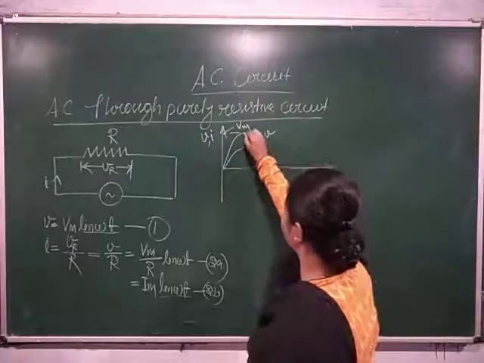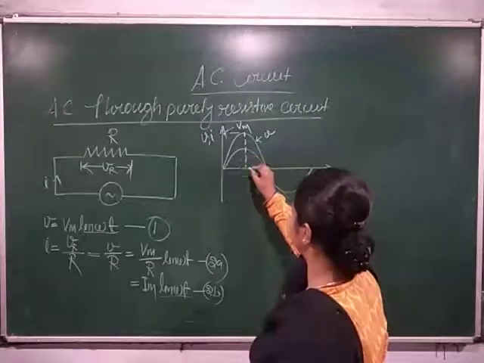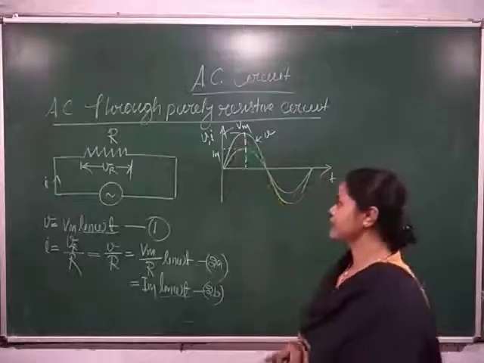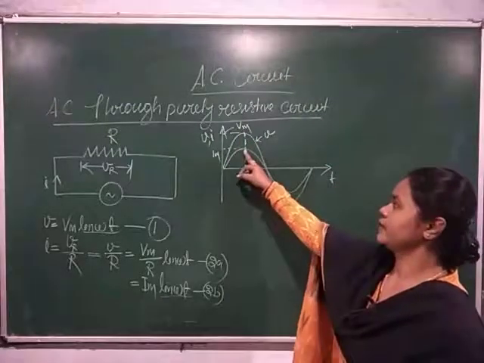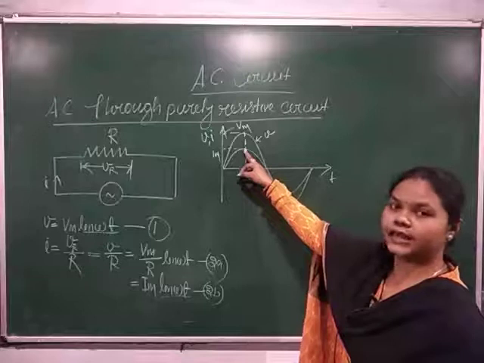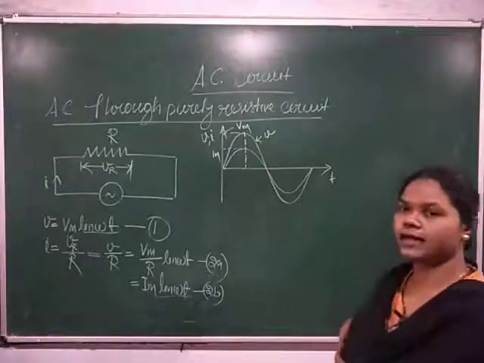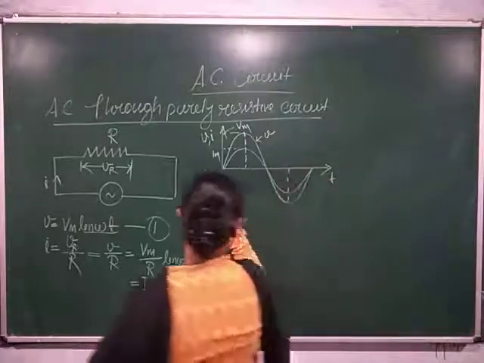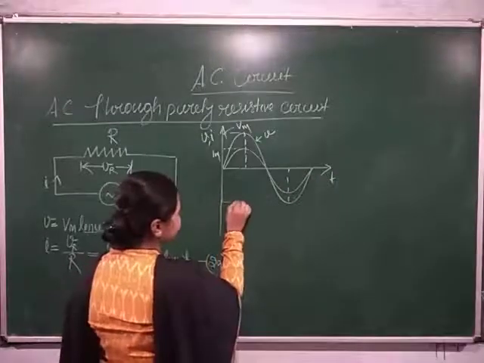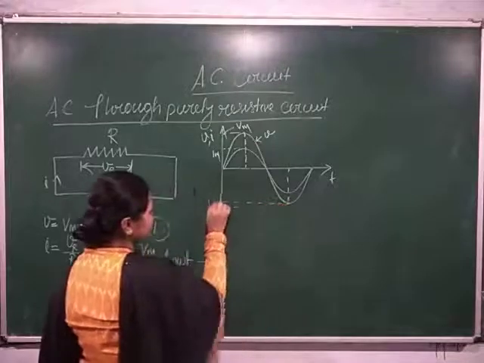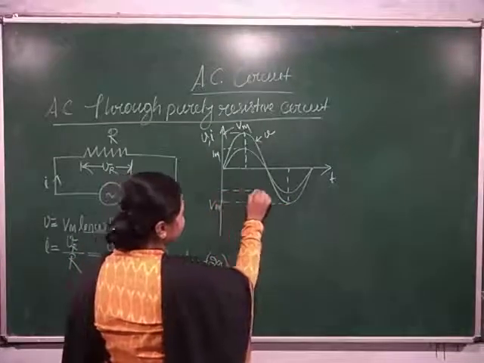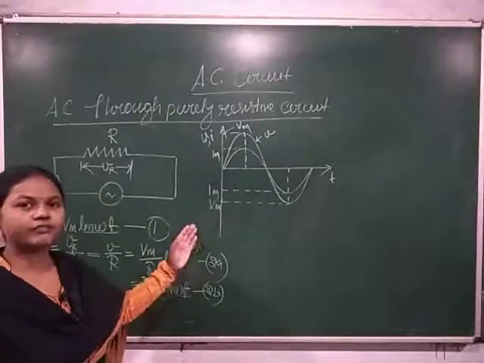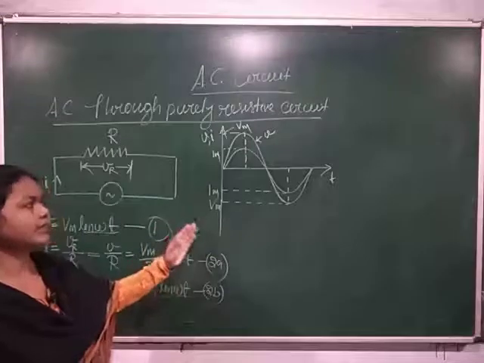When voltage gains the maximum positive value, current at that time also gains the positive maximum value, but its magnitude is less than the voltage magnitude. Here also. This diagram is called the waveform diagram. This one is Vm. This one is Im. This is called the waveform diagram for purely resistive circuit.